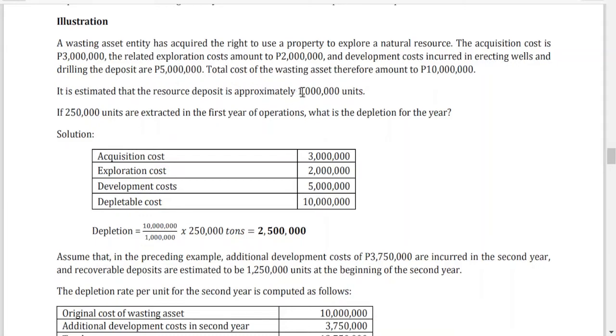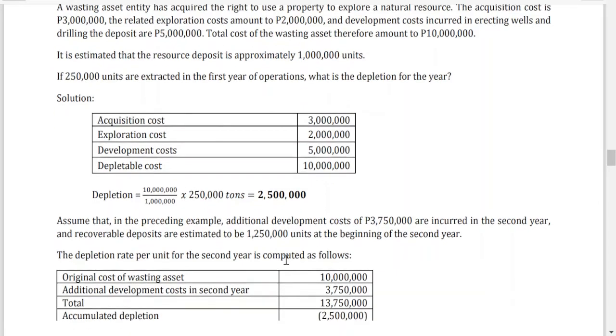And there is a change in the estimate. Originally, before extracting anything from the property, the approximate units that can be extracted is 1 million units. But at the beginning of the second year, there is a revision of the units.